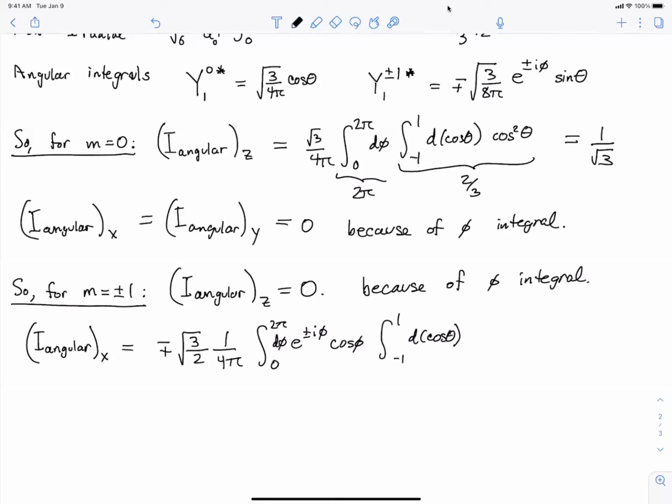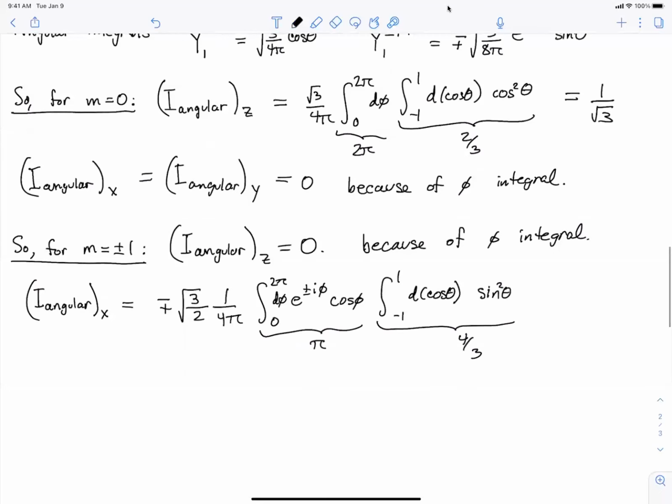The x part gives us a sine theta, and the YLM gives us the sine theta, so it's actually sine squared theta. That integral is 4/3. This integral right here works out to be pi. And so this whole thing is minus over plus 1 over root 6. So we've managed to do both values of m plus or minus 1 at the same time.